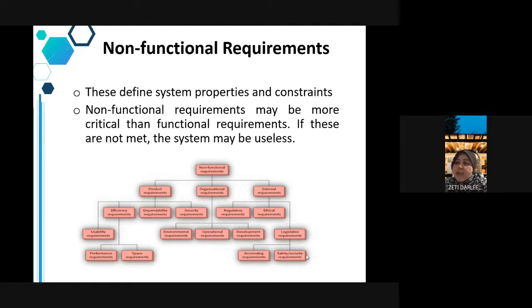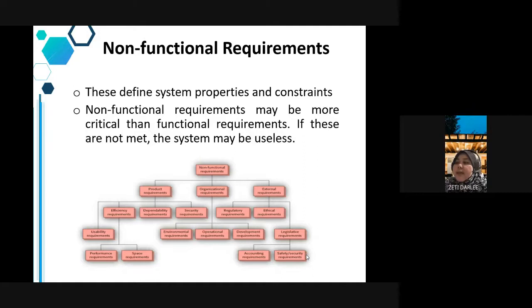On the organizational requirement and external requirements, dia more on the soft part. Kalau product requirement, dia more on the technical part. So it relates banyak pada functionality. Tapi on the organizational and external requirements, dia more on the soft management part of the system development.